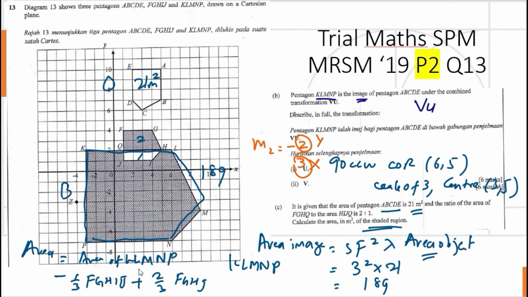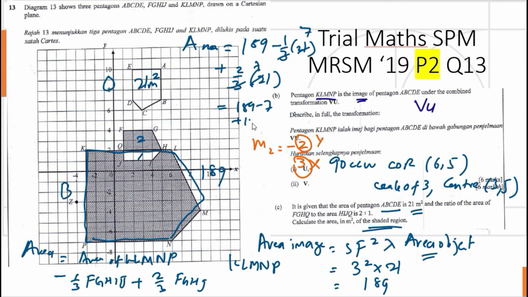So you see here the area is equal to KLMNP, 189, and then FGHIJ, the area here is equal to the area here. So this is minus 1 over 3 of 21, and then plus 2 over 3 of 21. So we have 189 minus 7 plus 14, which is equal to 196. So the area is equal to 196.